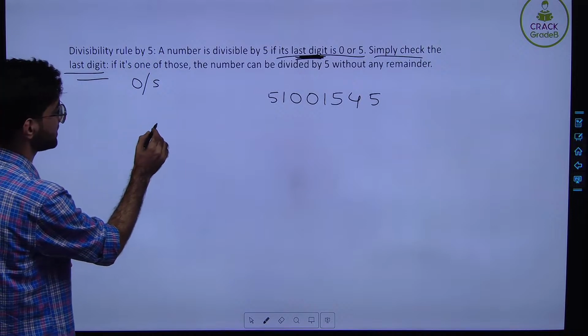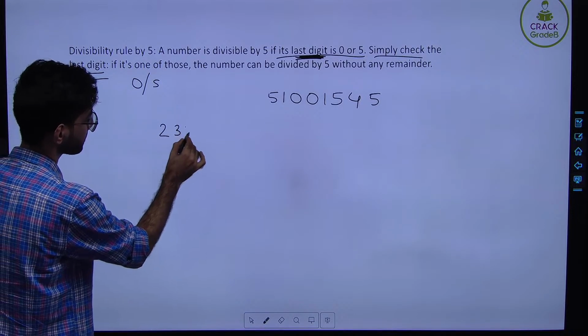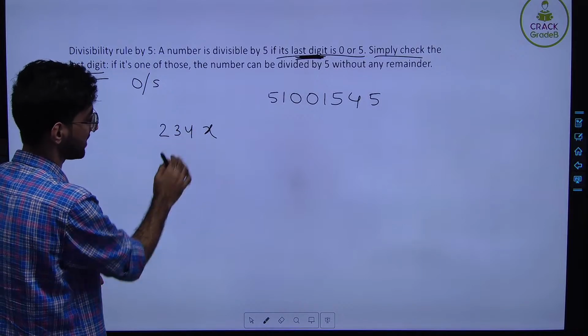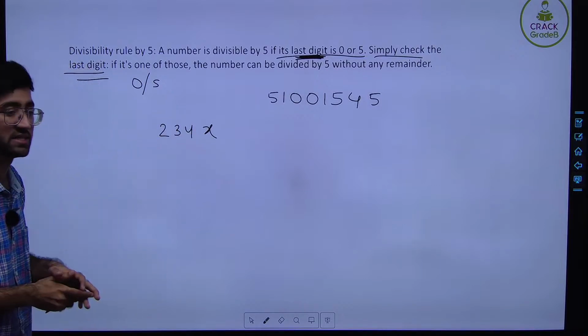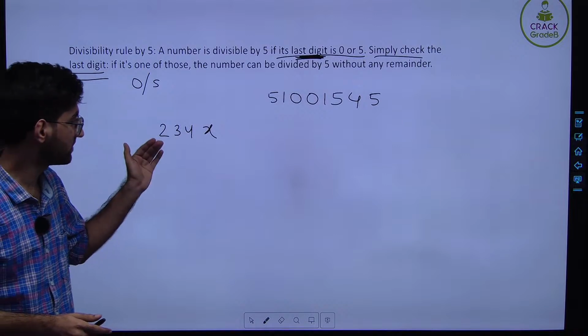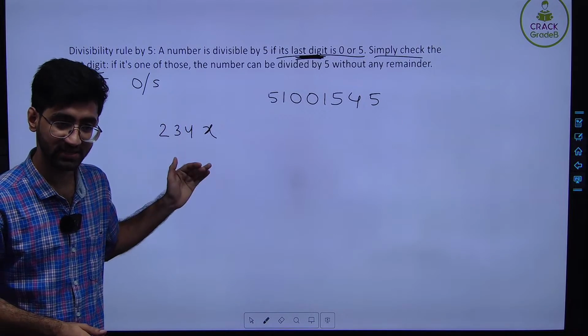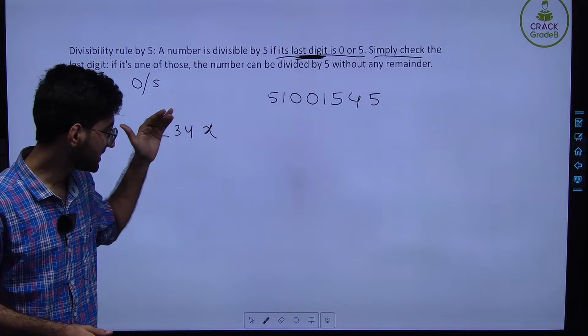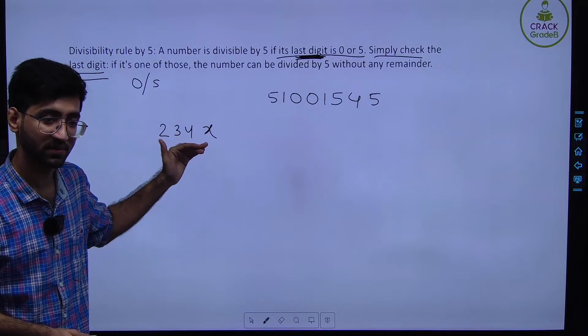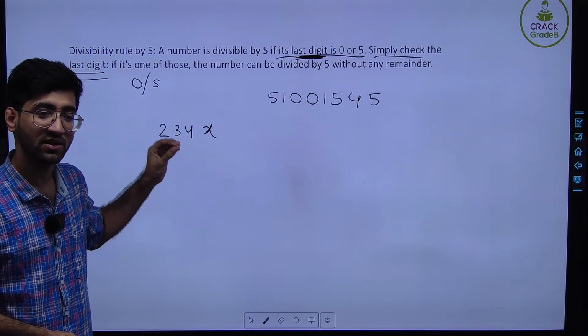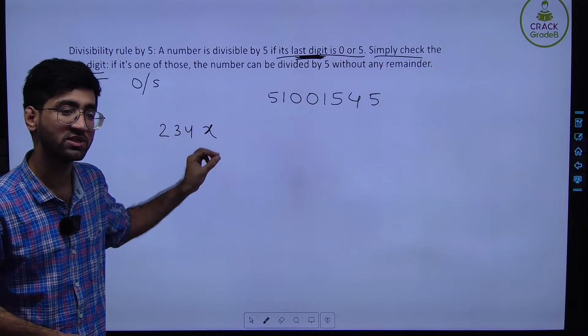So let us take a simple question. Listen carefully, there is a 4-digit number 234x, and it has been given that this number is divisible by 5. So you have to answer what is the maximum possible value of x.